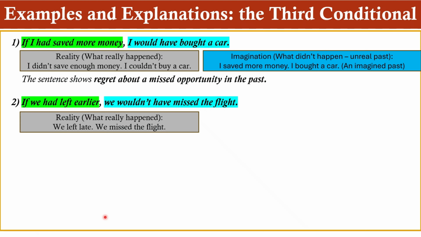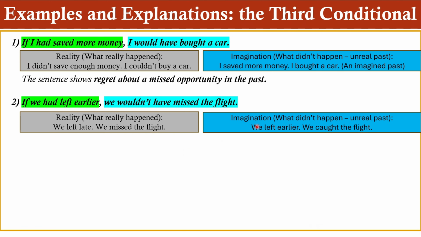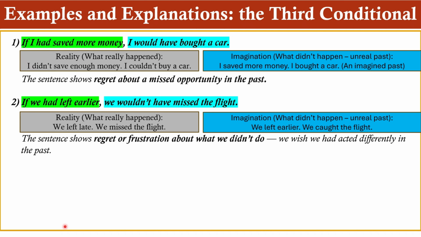We are really disappointed about that. We wish we had left earlier, but it's too late now. All we can do is buy another ticket. But in imagination, we picture a past where we left earlier and caught the flight. So this sentence expresses regret or frustration about what we didn't do.